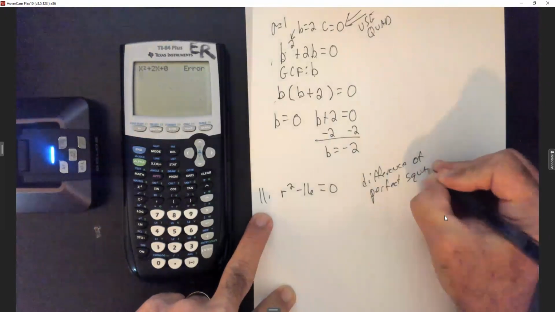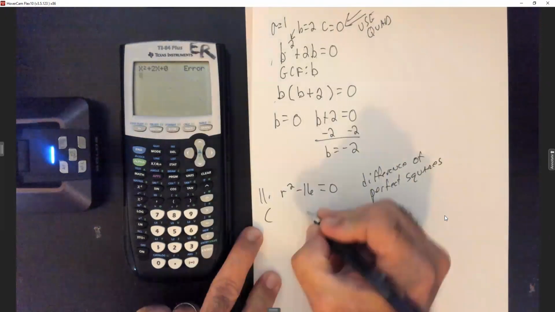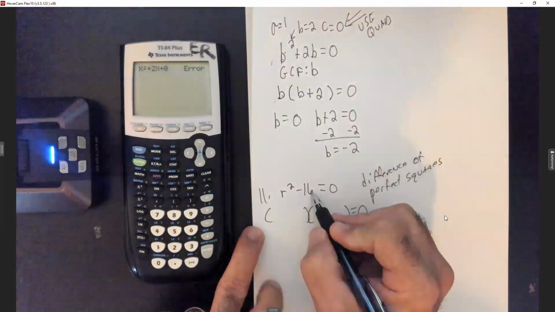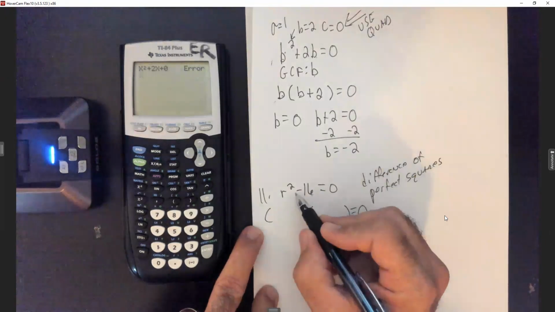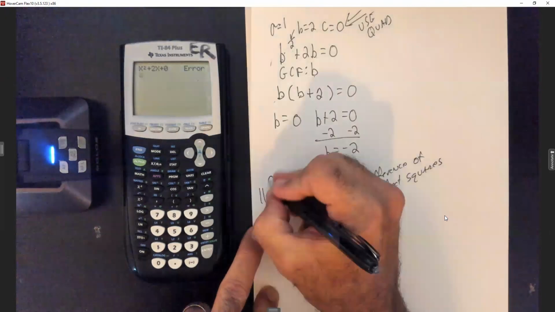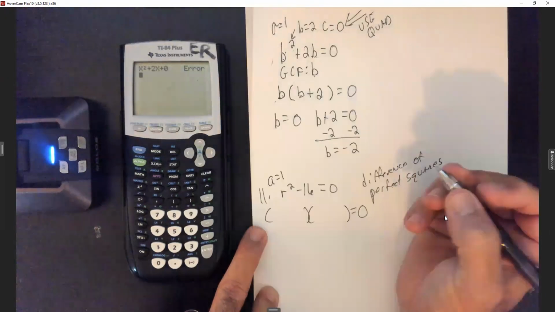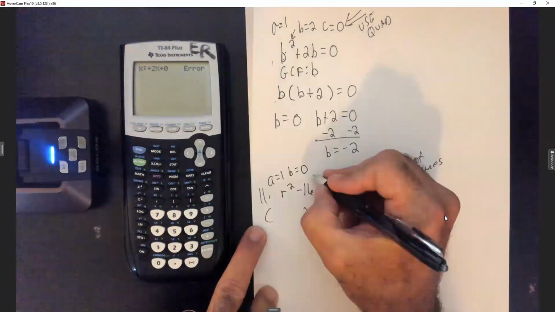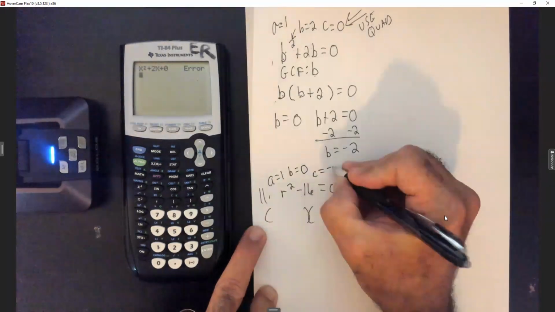So let me factor it by hand first. Now notice, you have the number at the end. What you're missing is the term in the middle that would have been the r. So if I'm using quad in a little bit, I would have A is 1, B would be 0 on this one because there's no r, and then C would be a negative 16.